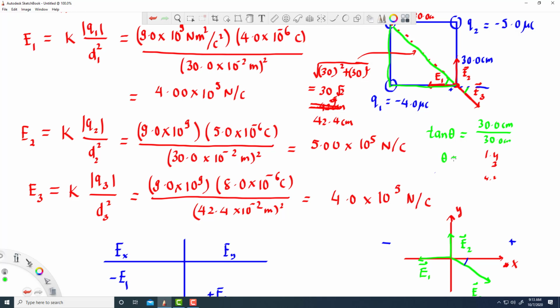Then theta would be tan inverse of 1, so that is 45 degrees. So you get this angle to be 45 degrees. That means this angle is also 45 degrees.